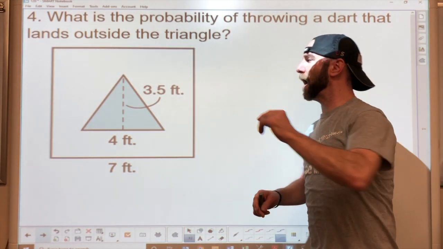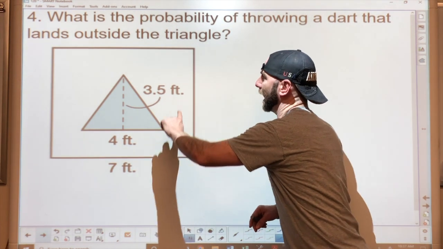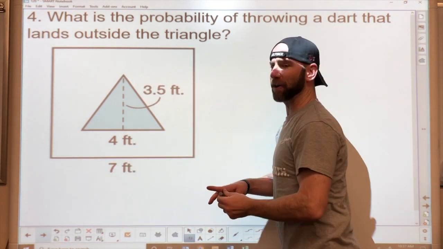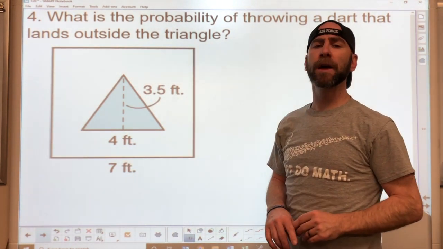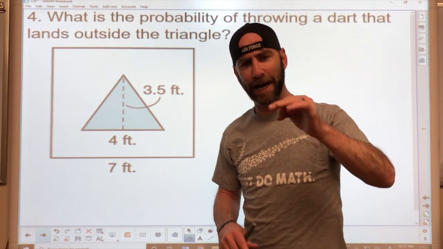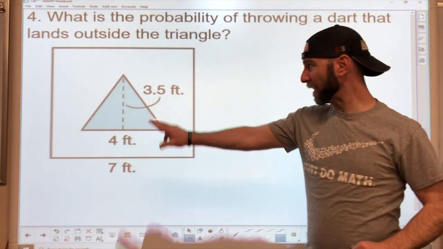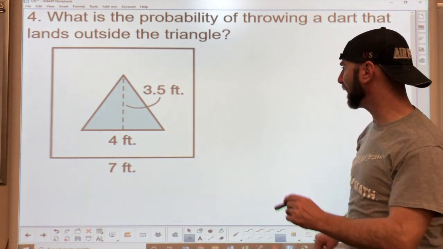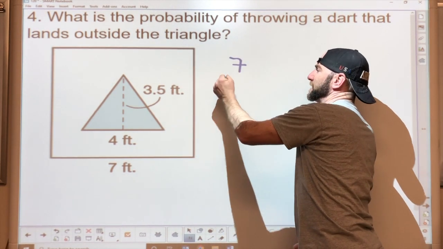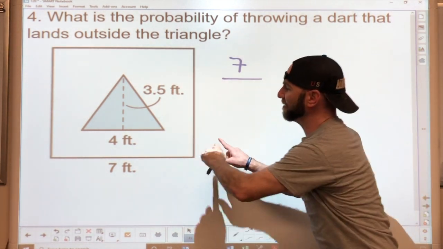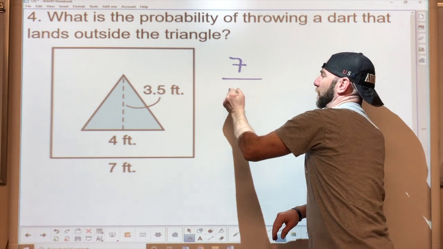Again, we're looking for a dart landing outside of the triangle. So first, find the probability of the dart landing inside the triangle. The area of our triangle is base times height divided by 2, which is going to give us 7 square feet. Then the area of the entire target is 49.